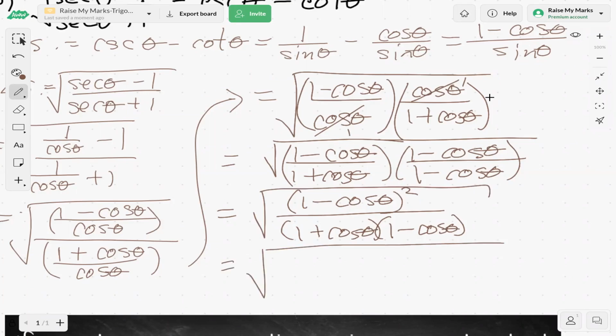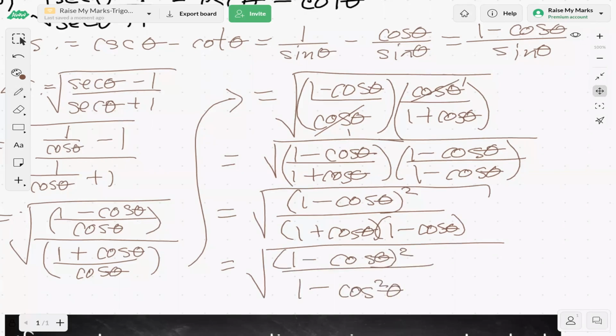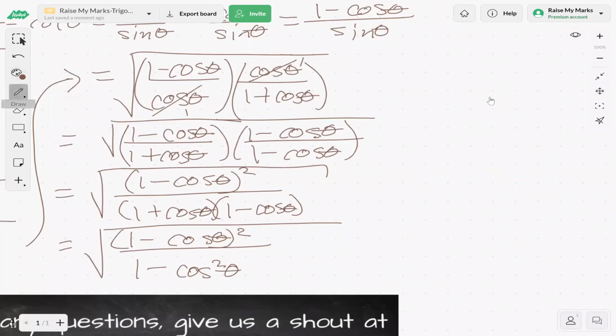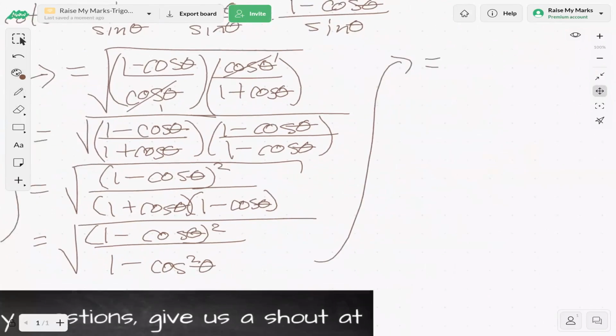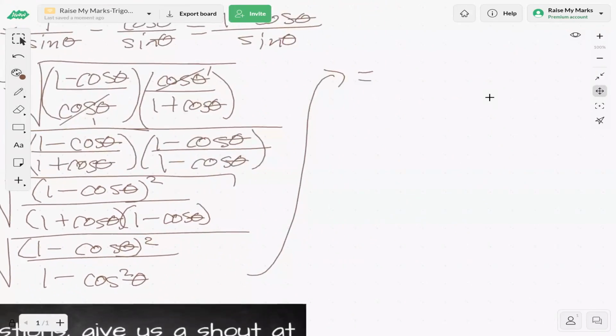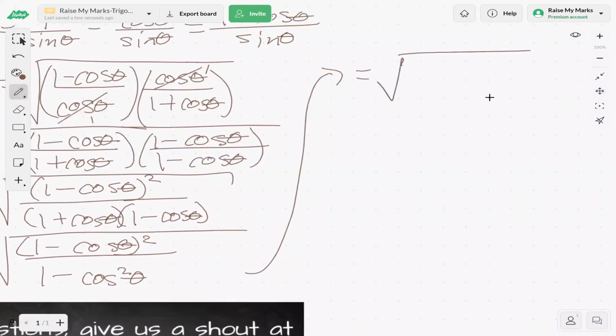Okay, so in the denominator, we actually have a difference of squares: 1 minus cos squared theta. We're working really hard for this one. So again, in the numerator, we have 1 minus cos theta all squared.